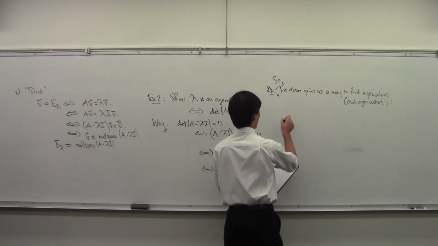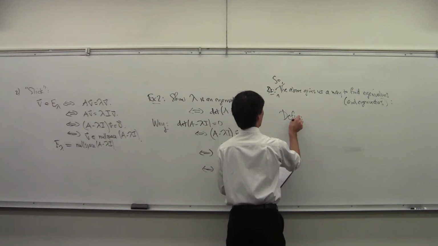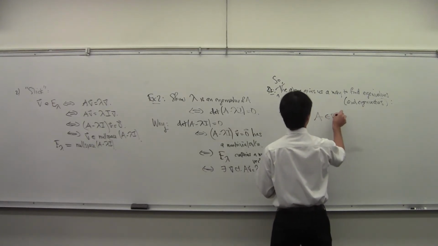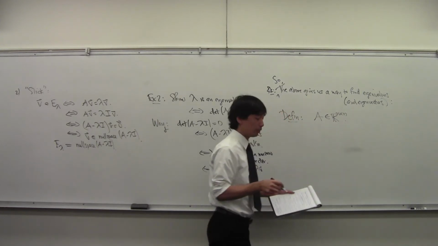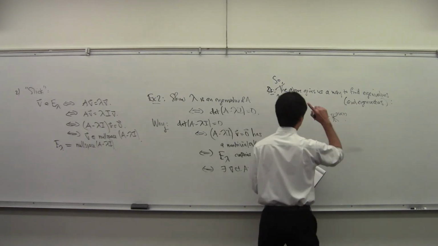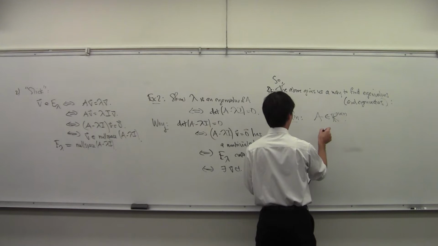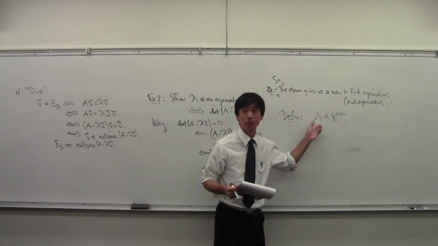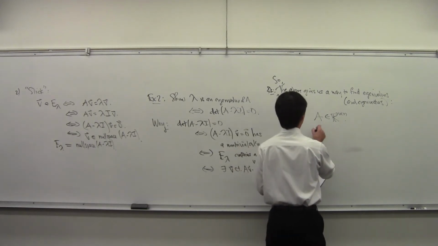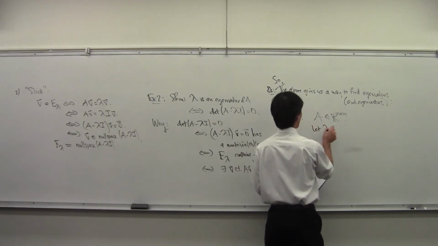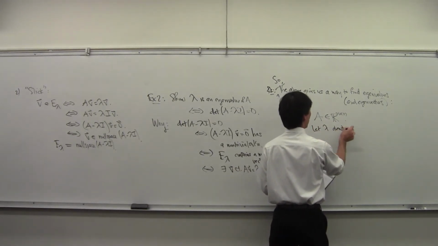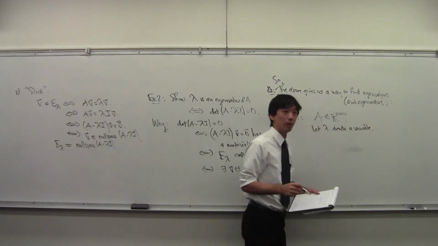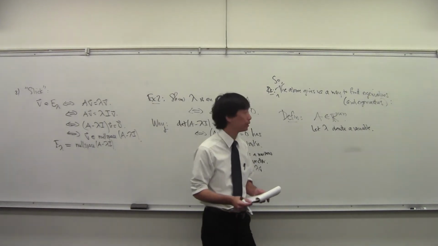So we introduce the following definition. Suppose you have a matrix A, and let lambda denote a variable. We think of lambda as a variable.